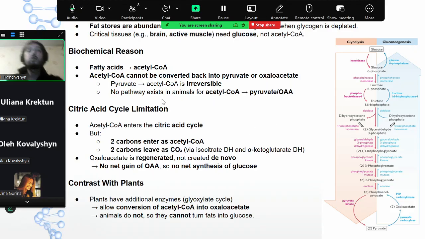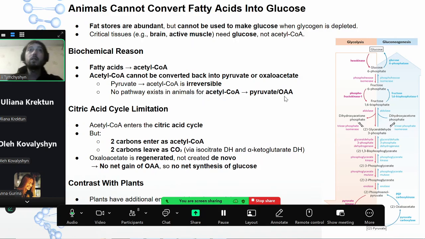Now let's consider what happens if we are in a state of low energy and we are scarce on glucose resources. The problem is that we have certain critical tissues, especially the brain, that need glucose, and there is no other way we can supply them.